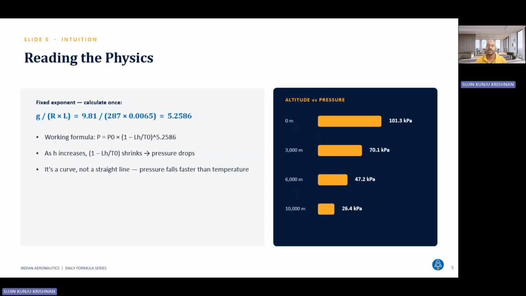So pressure keeps dropping as you climb. But notice it's not a straight line like temperature was. It's a curve because of the exponent. The pressure actually drops off faster than temperature does.